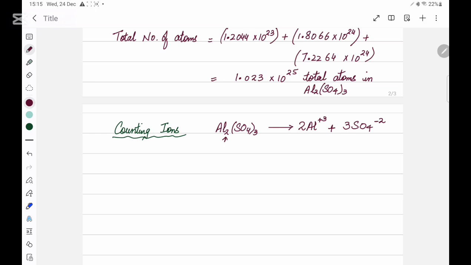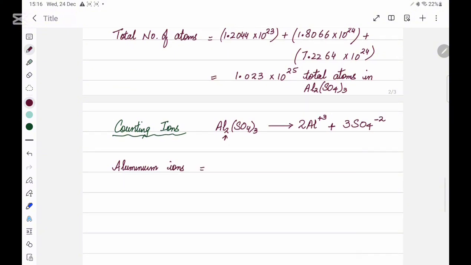So if I want to find the aluminium ions, the formula unit of Al2(SO4) whole thrice is 6.02 times 10 raised to power 23.